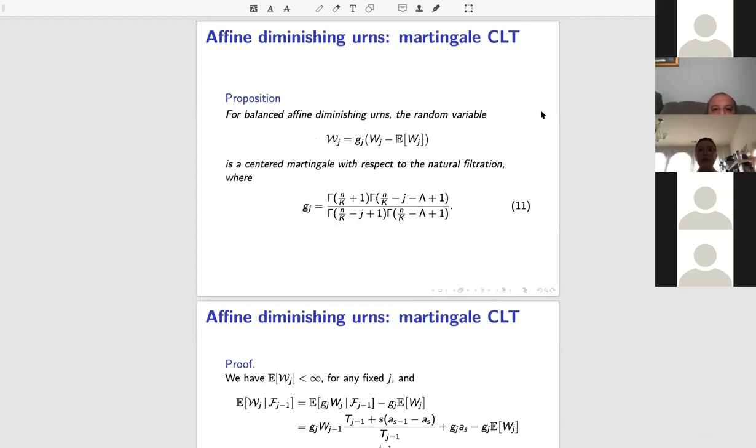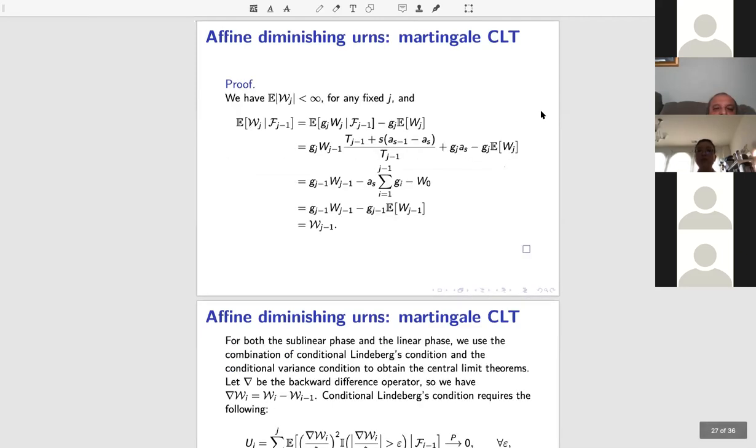First, we prove that for balanced affine diminishing urns, this calligraphic WJ, which we call CalWJ, is a centered martingale with respect to the natural filtration, where the scaling is by this GJ function given by equation 11. And the proof for this is very straightforward. It's just by checking the definitions of a martingale.